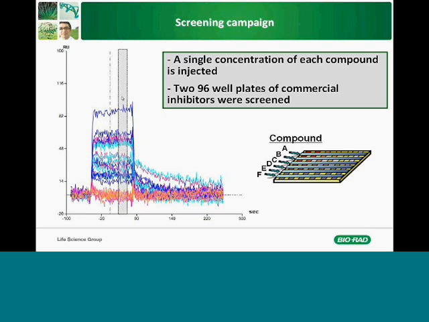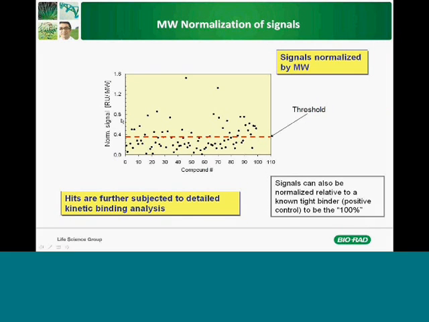The next step was to plot the normalized signal for the different compounds. So you can see here the distribution of them. Each dot is a different compound, the signal level normalized by the molecular weight. We just drew here an arbitrary threshold line, the red line that you can see here.